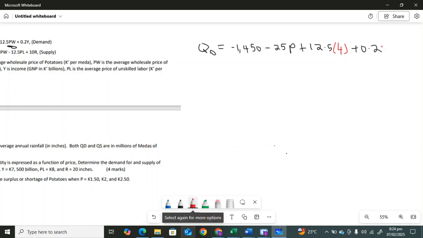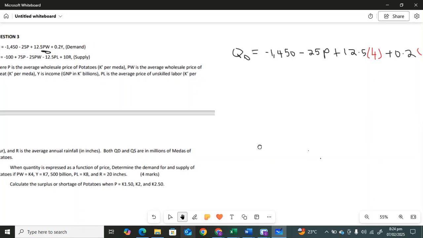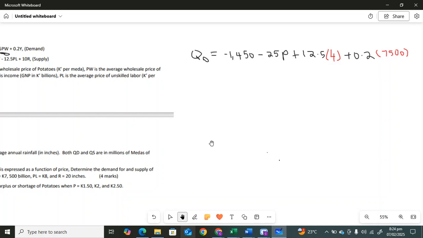So we do our tabulations here. 0.2 times 7,500, what value do we get? Anyone with a calculator? 1,500. Okay.